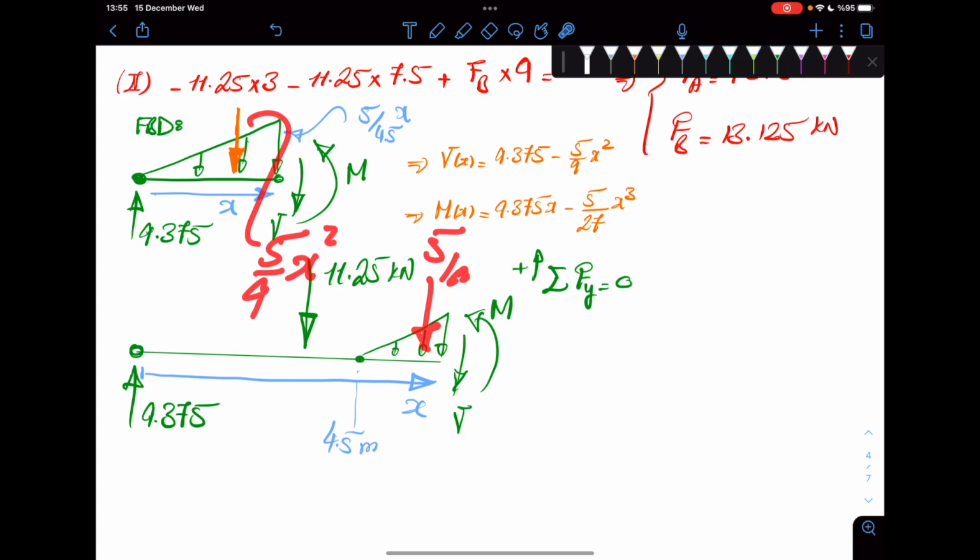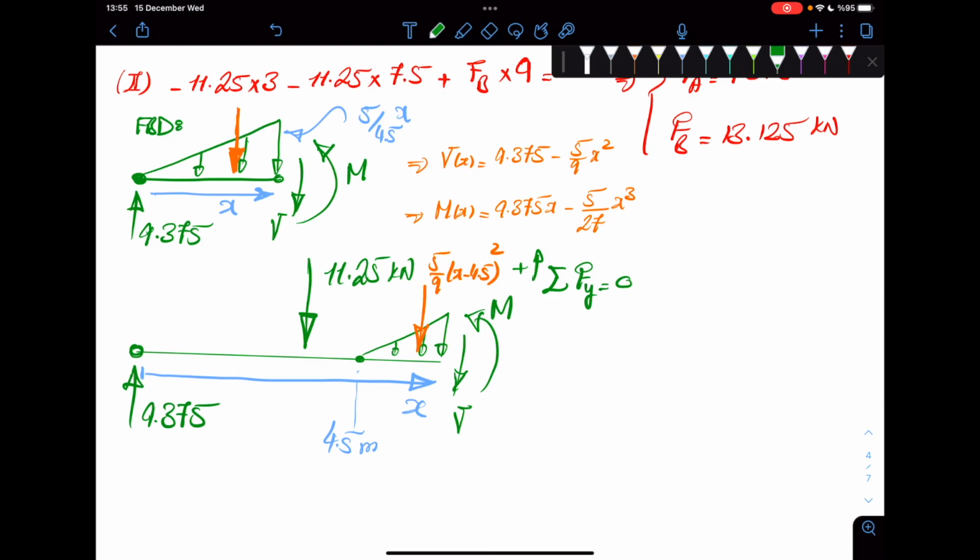So now this would be 5 over 9 (x minus 4.5) squared, because it would just scale with this length, which is x minus 4.5. All right? So that's basically the trick.